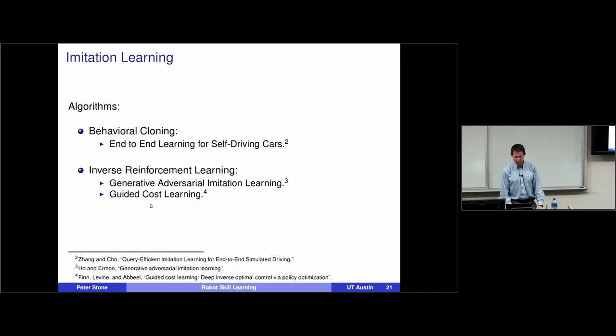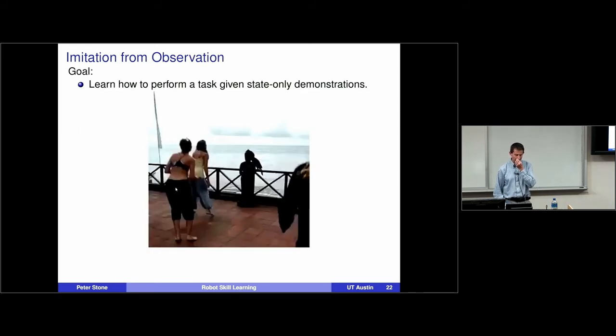And then there are inverse reinforcement learning approaches, where you observe the demonstrator, try to induce what reward function they're maximizing, and then learn a policy to maximize that reward function yourself. There are methods such as guided cost learning and generative adversarial imitation learning. The two methods I'm going to talk about are one from each of these two spaces.